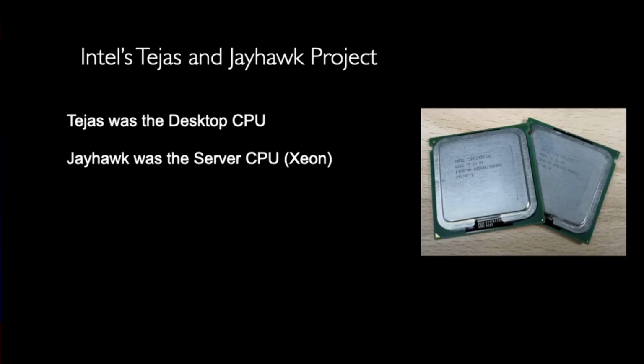Now, those two chips, Tejas and Jayhawk, we think had a 50-stage pipeline in them. That's an incredibly deep pipeline. And as I mentioned with Moore's Law, when you get that deep, all kinds of latency can occur.